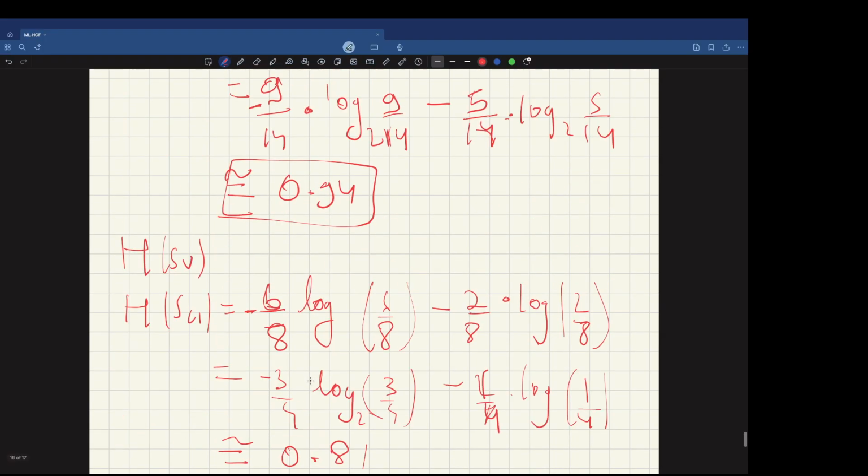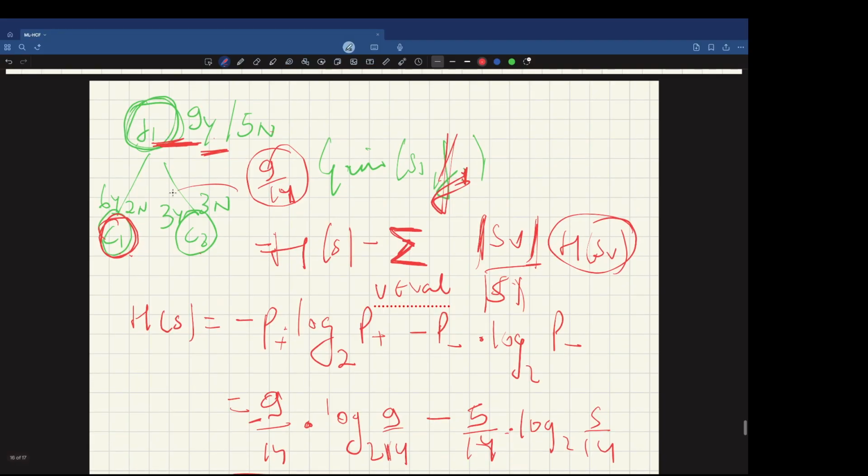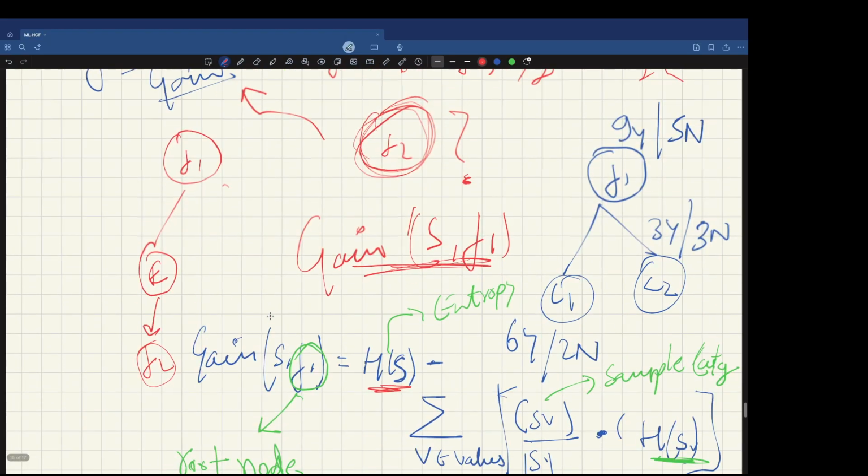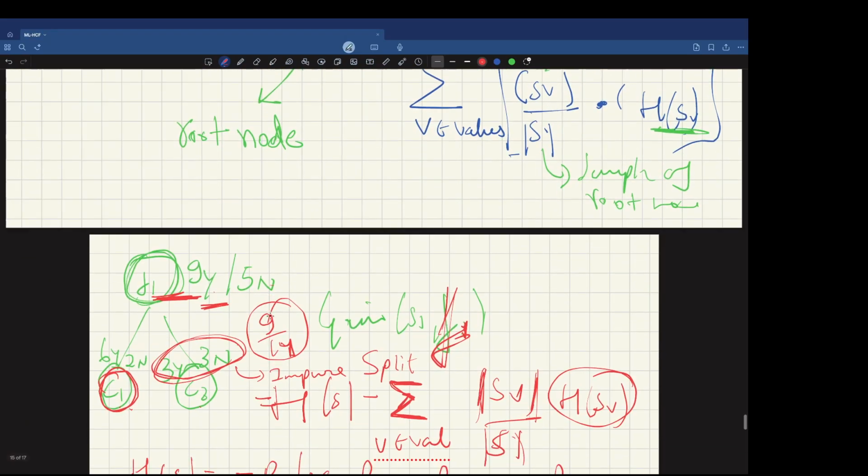Again, if you see this, 3 by 6 and 3 by 6 is nothing but your proper impure split, right? So what is the value of H of S when it is a proper impure split? Anybody? It is 1, yes, 1.